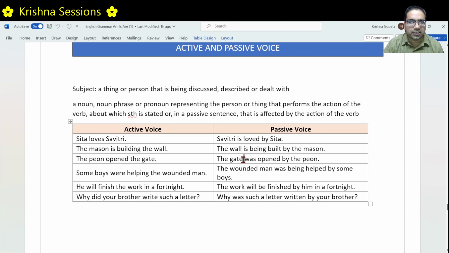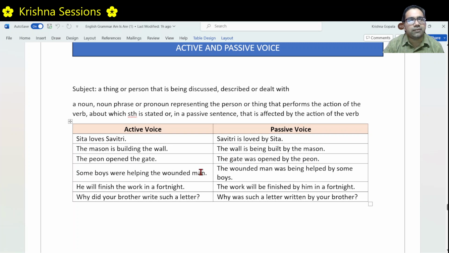Probably that is the only gate, or that gate was closed, or that gate is very heavy, or it's the main gate, or whatever. It is not about the peon. The subject is the gate and the object is the peon.